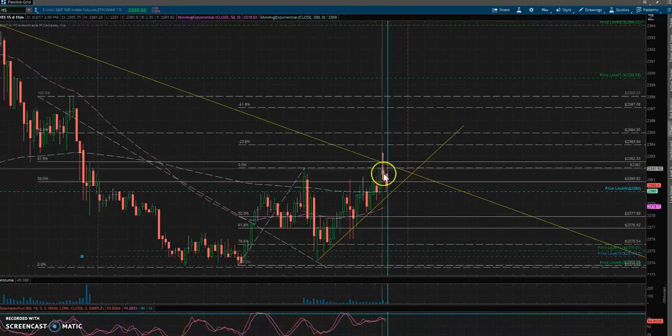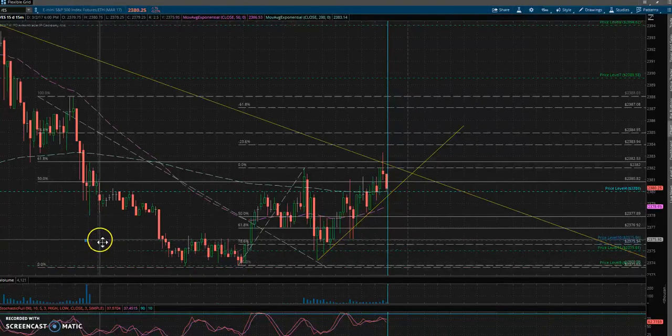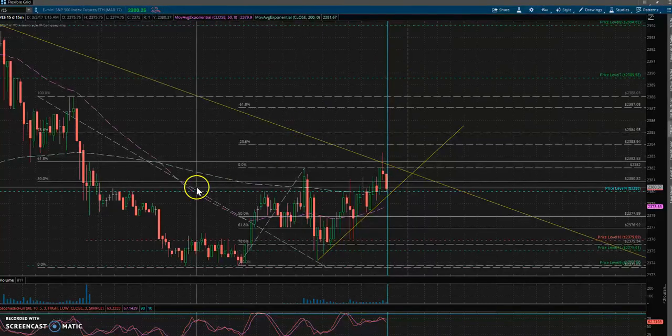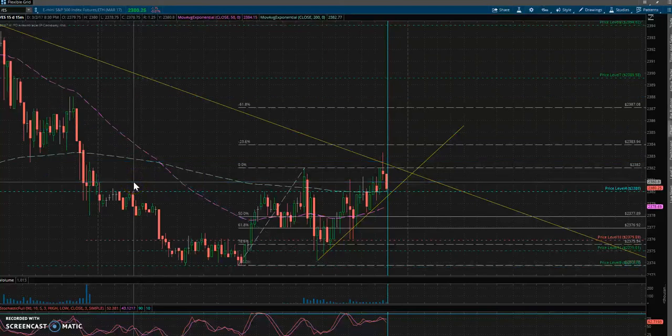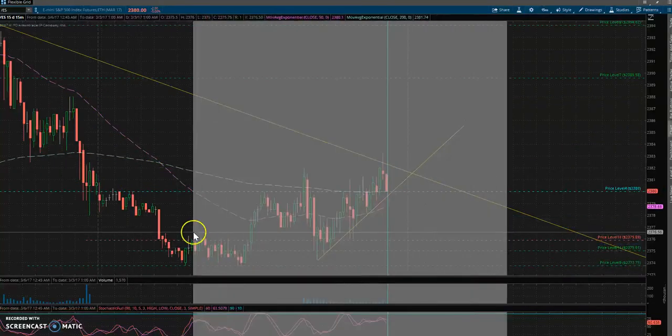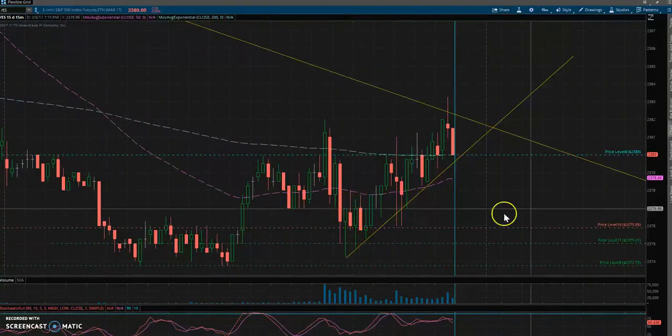Then as we continued to pull up, I just kept dragging my mental stop up. And I wasn't watching P&L at all throughout this movement here. I'm going to get rid of the fibs for just a minute so that I can more clearly identify a few things.